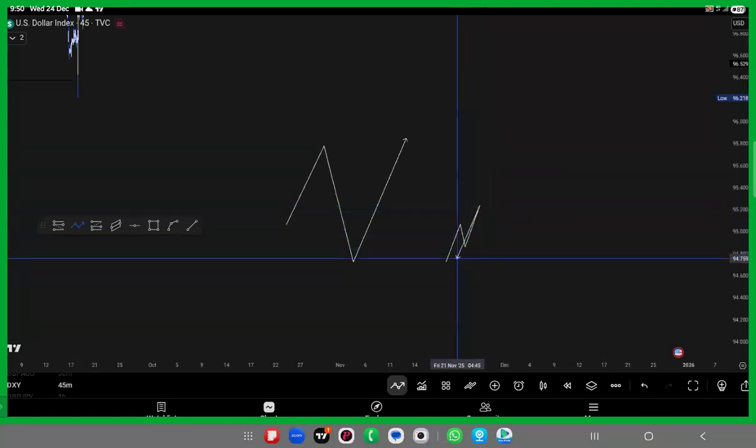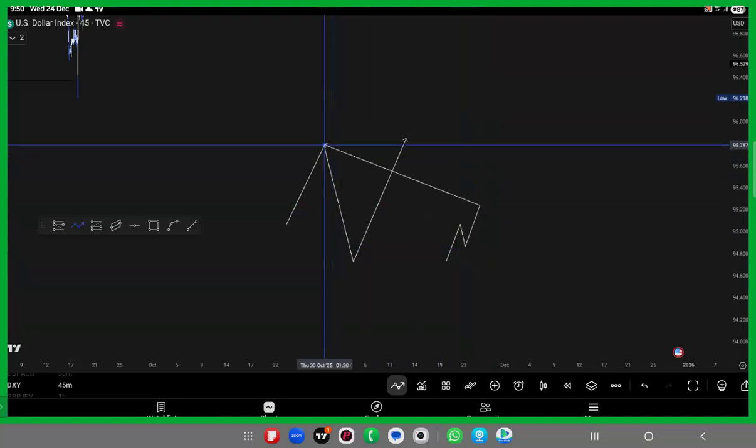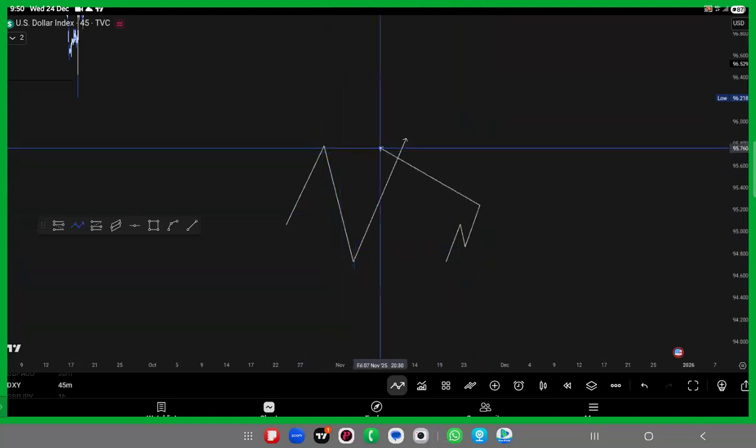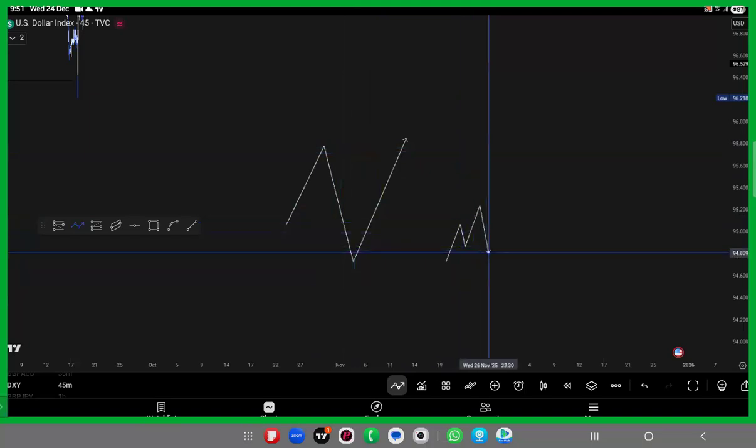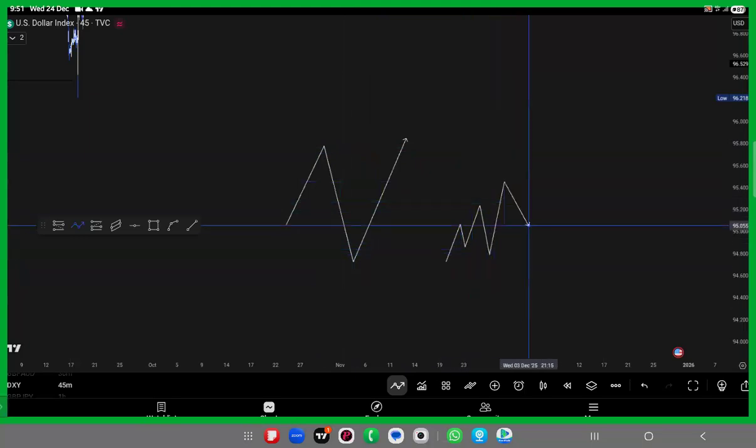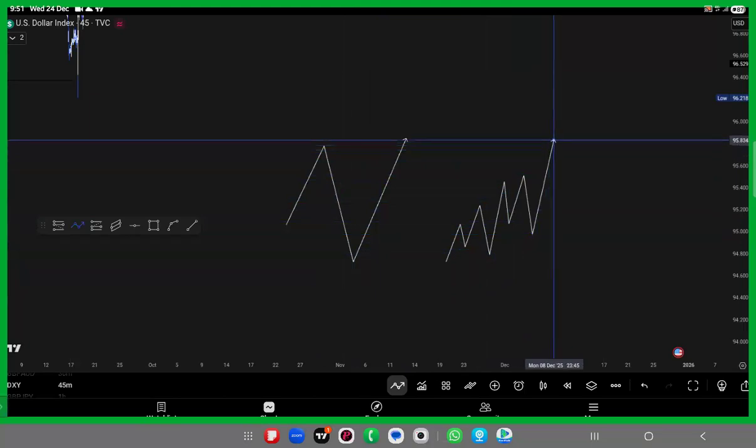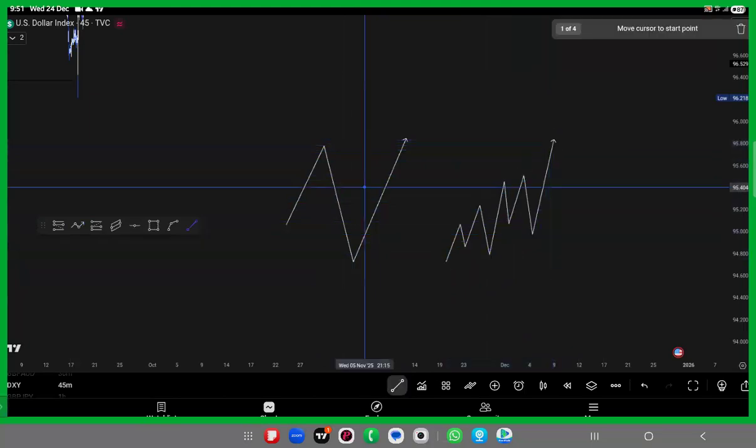Now, market wants to take out this external liquidity, or this is the main external liquidity that market wants to take out on the higher time frame. But in the lower time frame, market will be taking out the opposite external liquidity, until market eventually takes out that main liquidity on the higher time frame.